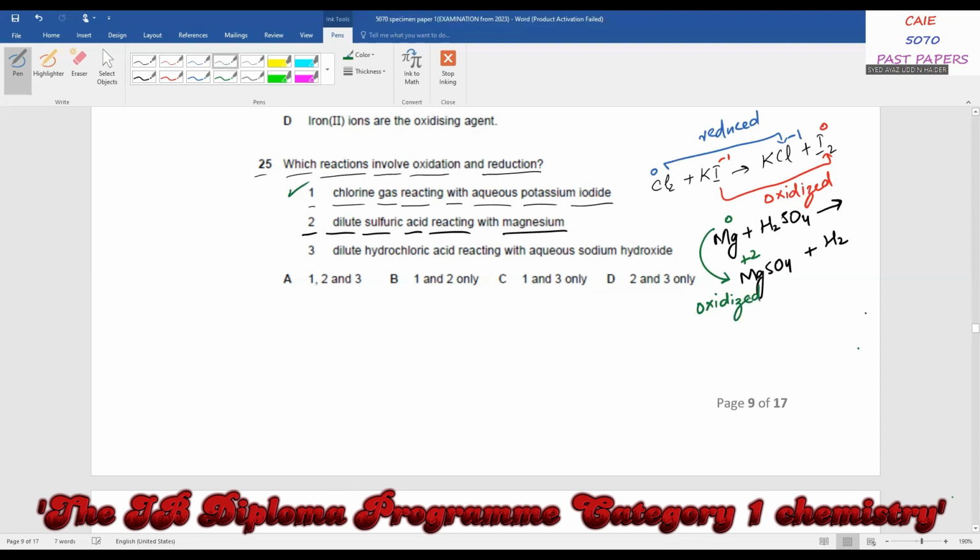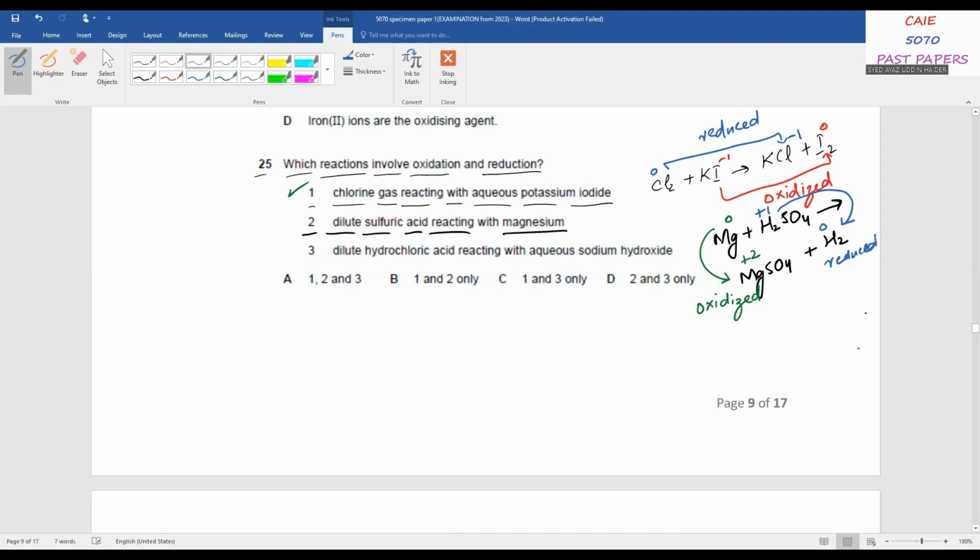On the other hand, the oxidation number of hydrogen has changed from +1 to 0, which means the oxidation number is decreased, which is an example of reduction. So it is reduced. So again, the second statement is also an example of oxidation and reduction.